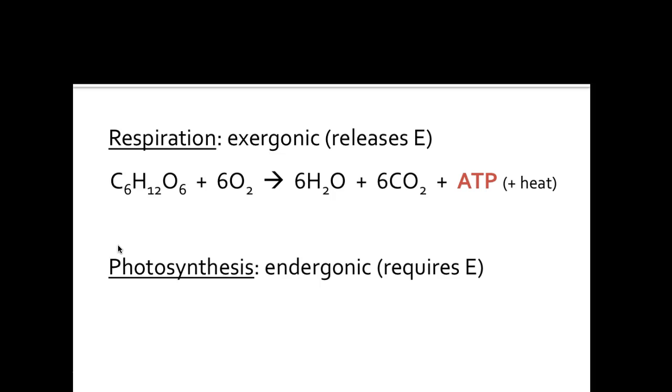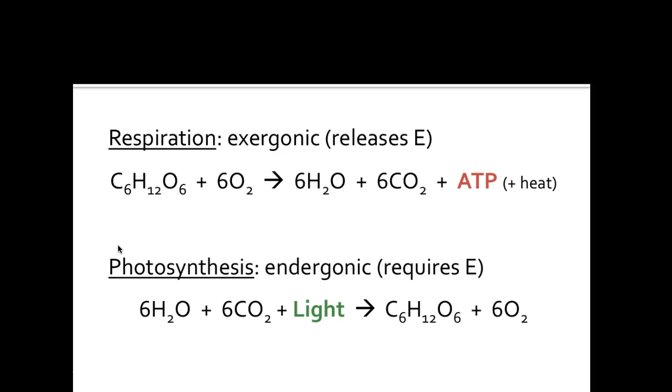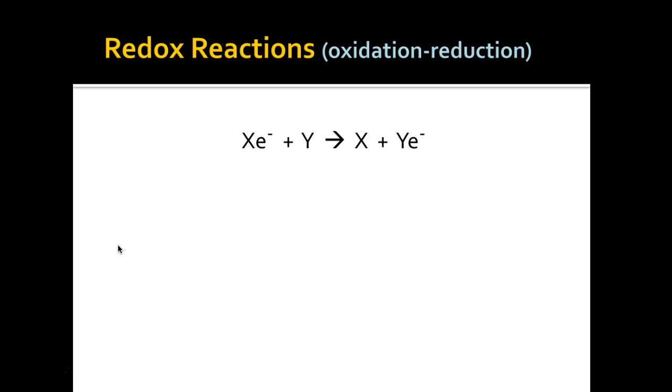Photosynthesis is an endergonic reaction, and therefore it required that energy. So you can see the relationship here between autotrophs and heterotrophs, and how photosynthesis and respiration are, although very different, do have the same molecules, whether as a reactant or as a product.